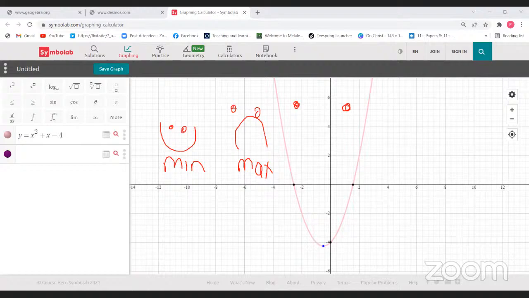Anything else come to your mind? Something simpler than that. Think about it. Look at the function.